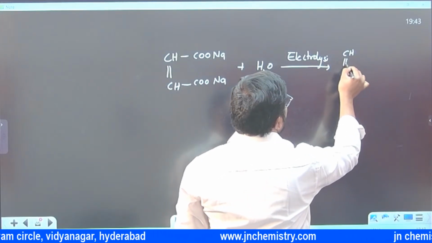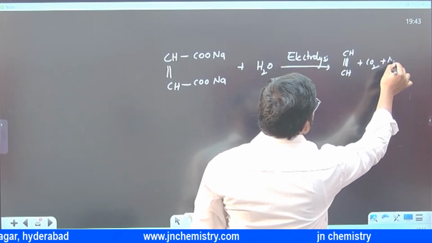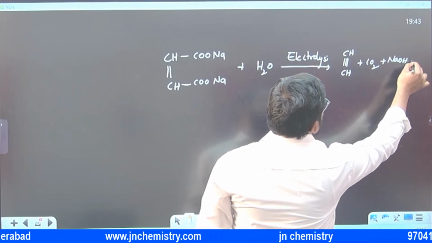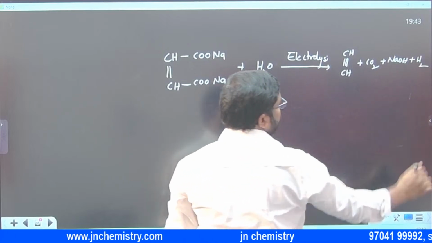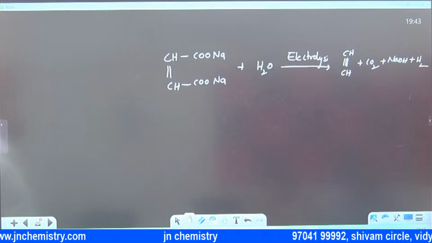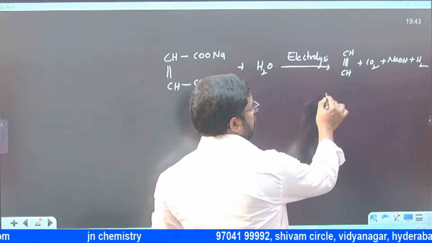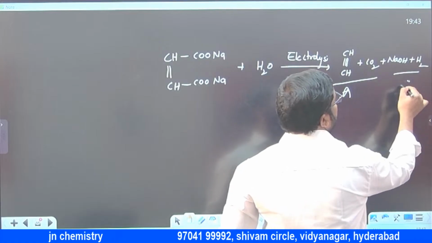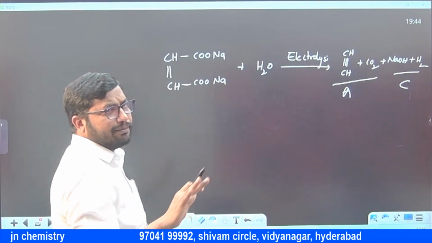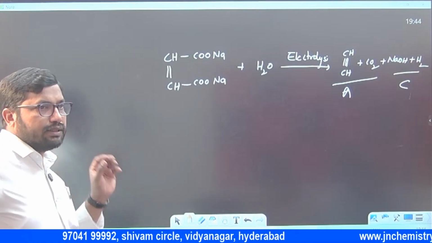CH triple bond CH plus CO2, NaOH, hydrogen. Same at cathode, at anode, at cathode. Same mechanism. If you want, you can write it down. I think you can write, right? Mechanism.